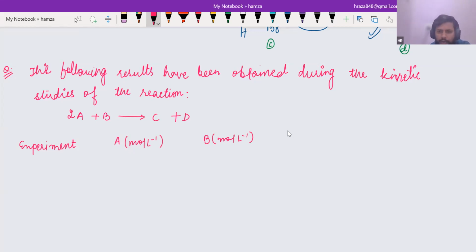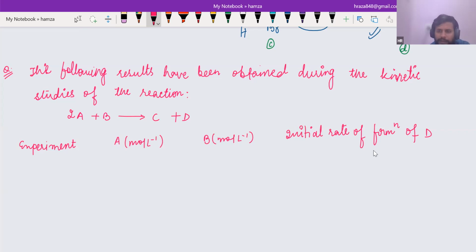And here it is also given the initial rate of formation. I'm going to write that as formation of D. As you can see, A and B are the reactants and C and D are the products.